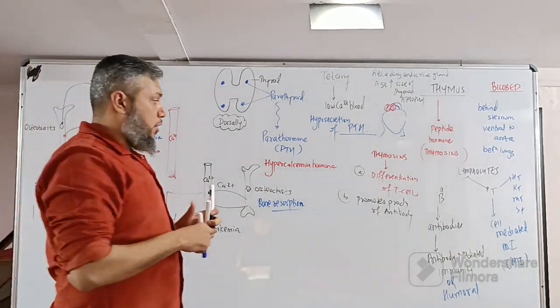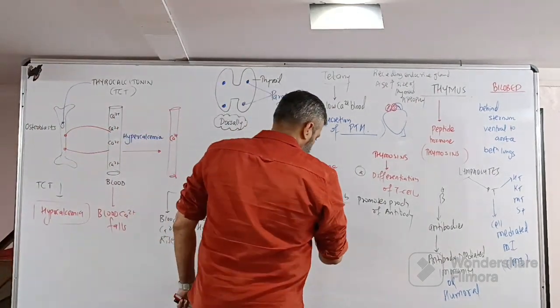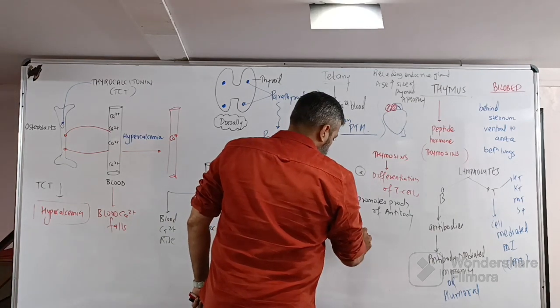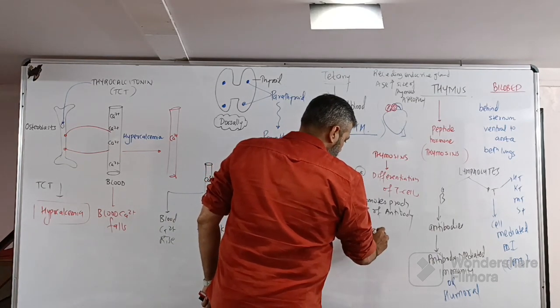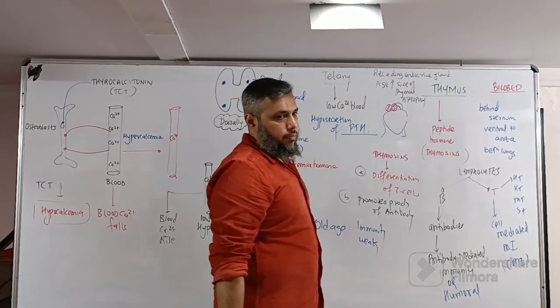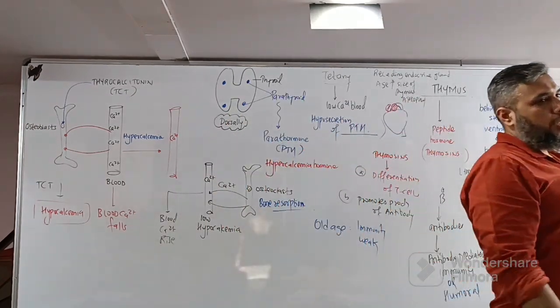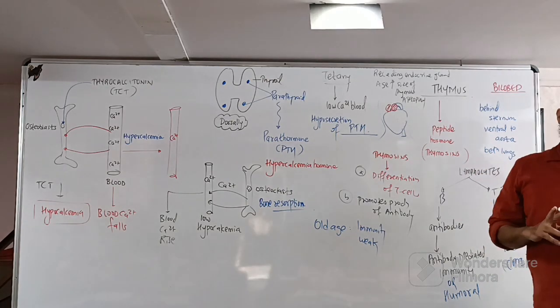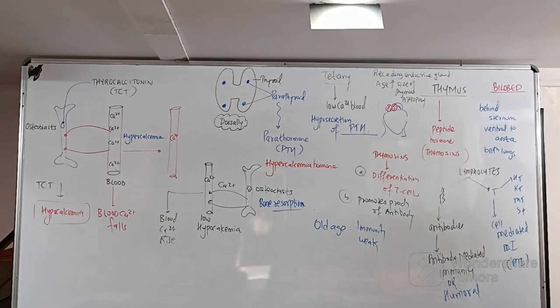So when you have reached old age, your immune system, your immunity has become weak. When you reach old age, your immunity has become weak. And what is the reason of your weak immunity?